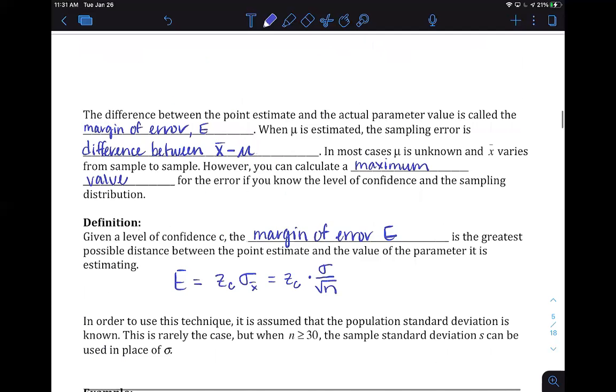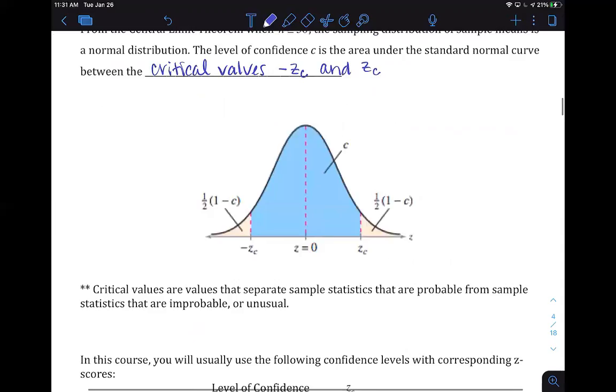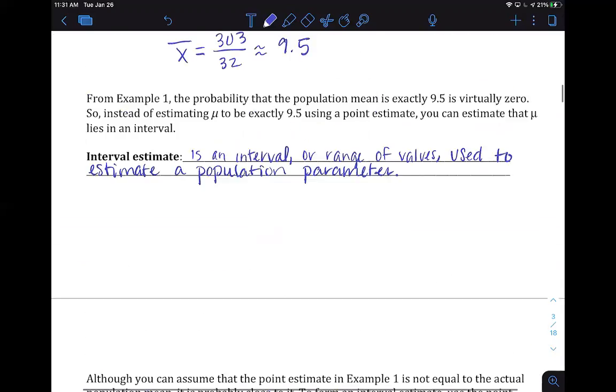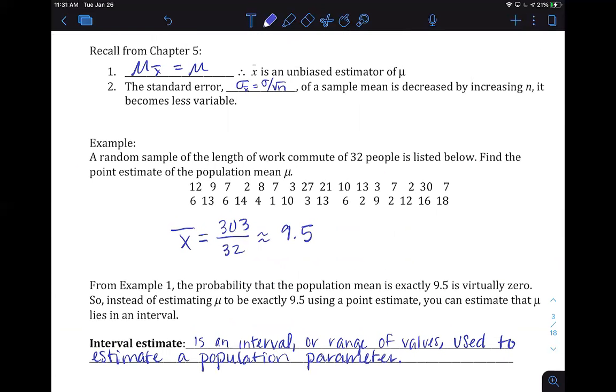So I'm going to slide this up real quick. So if you want to refresh your memory on this, go to Stat Edit, and then you're going to type in all these numbers into your list for L1.